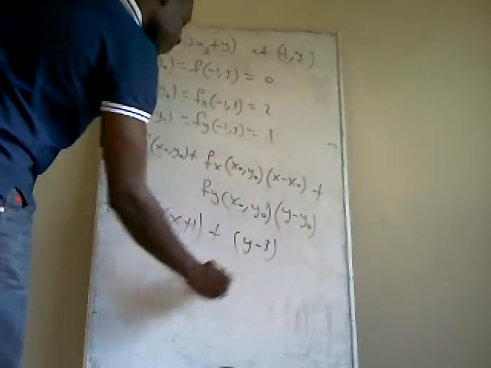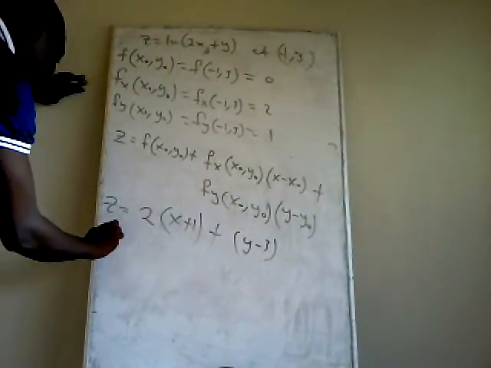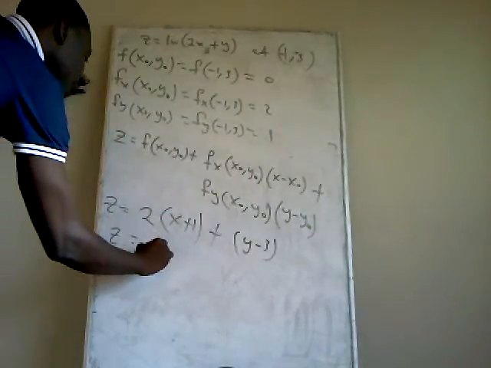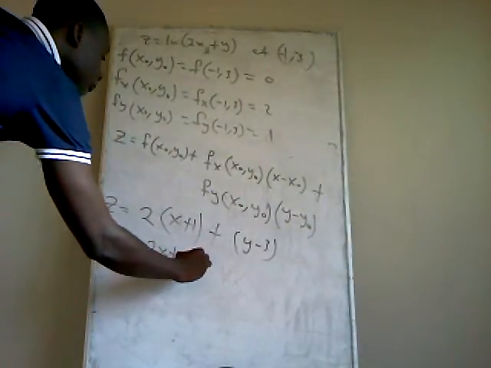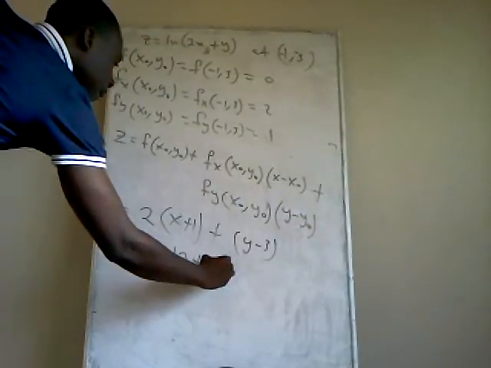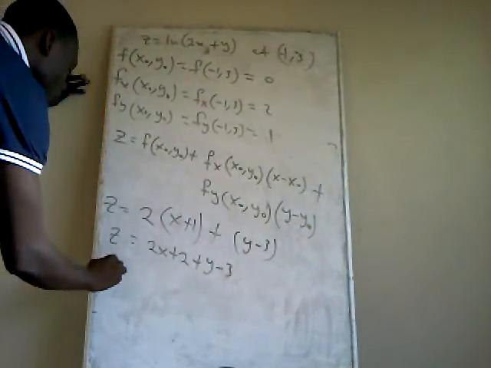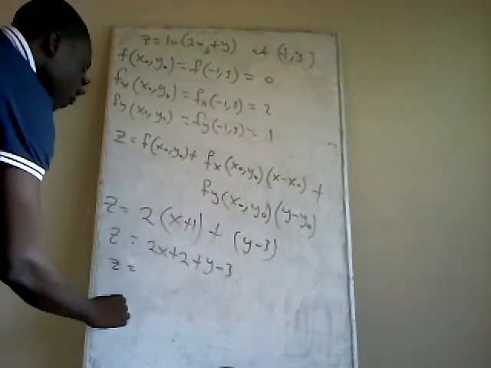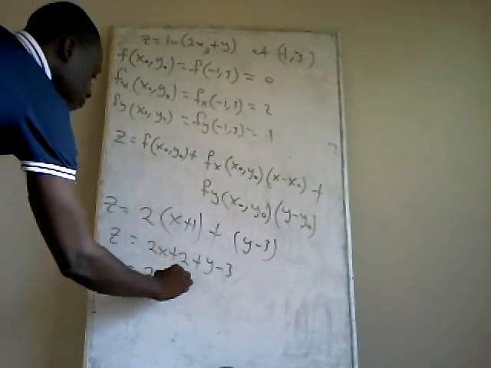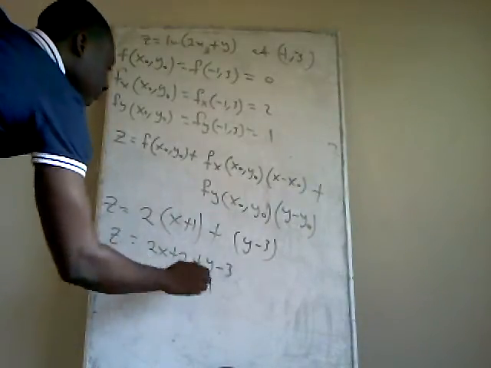So eventually z equals 2x plus 2 plus y minus 3, which reduces to z equals 2x plus y minus 1.